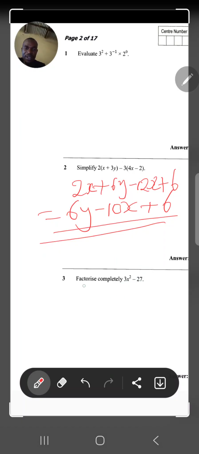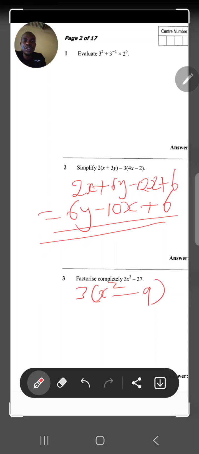We look at the common factor there, it is a 3. 3 into 3x squared is x squared, minus, 3 into 27 is 9.